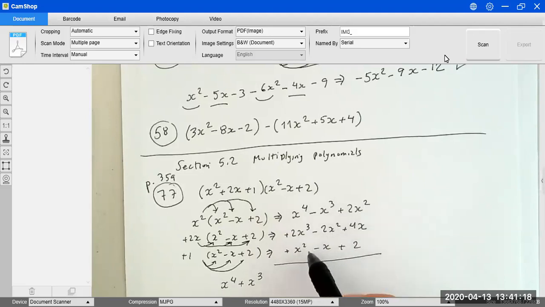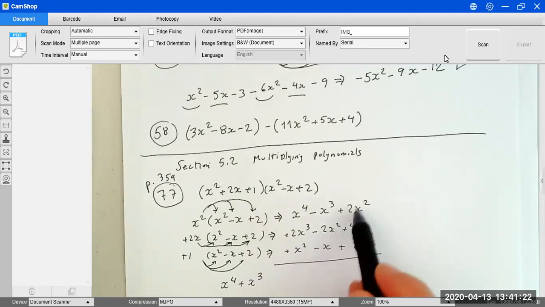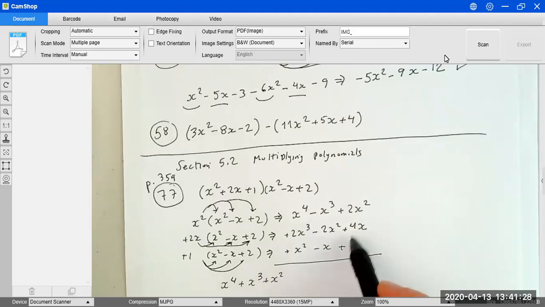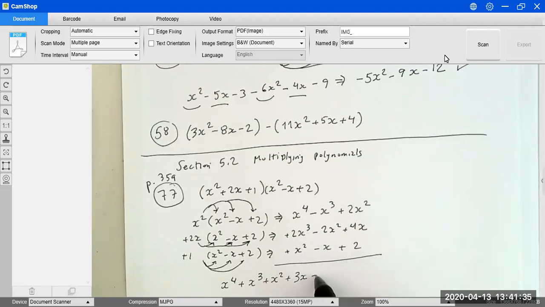So we have 2x squared minus 2x squared, which cancel each other. So we end up with only plus x squared. Then I have the next diagonal. I have 4x minus x, which is going to be just 3x. And finally 2. So I have x to the 4 plus x cubed plus x squared plus 3x plus 2. So that's the final answer.